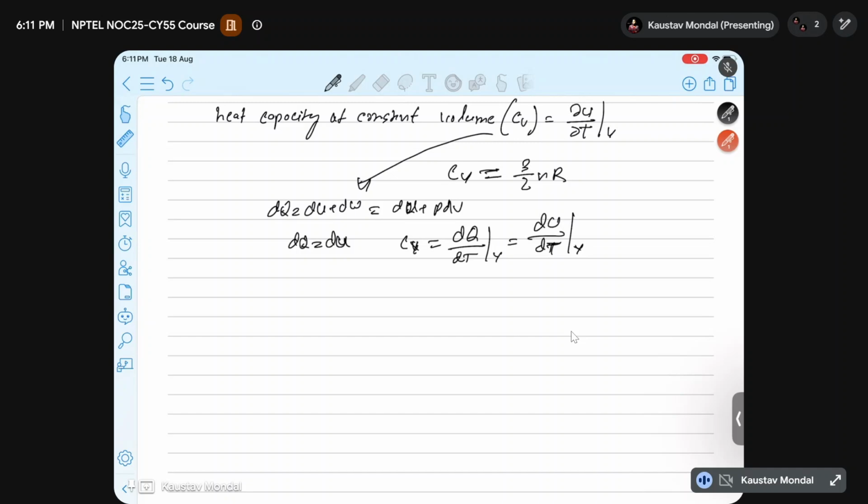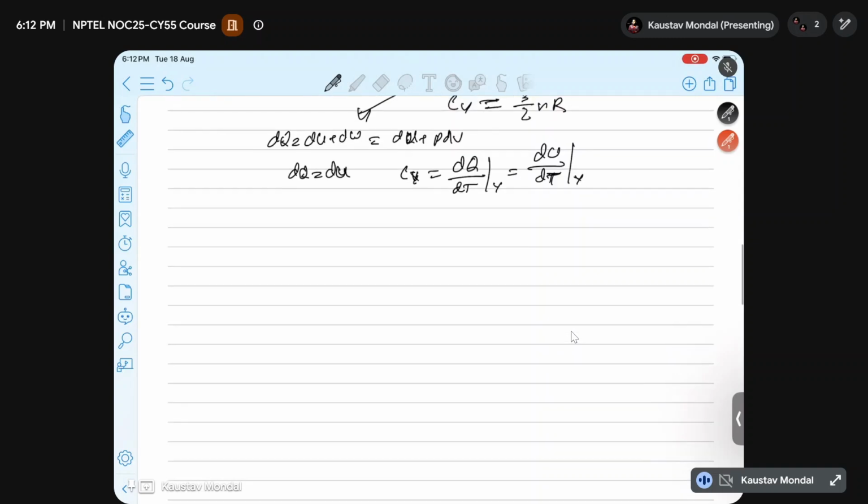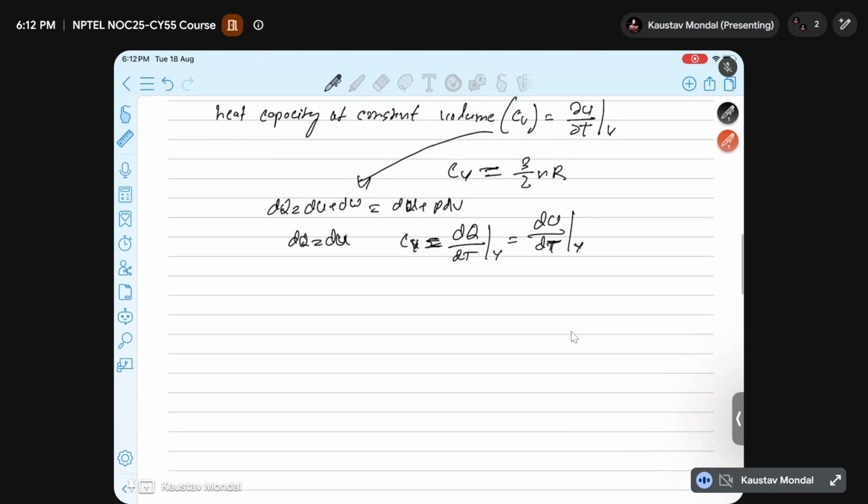This comes from the fundamental definition of Cv, that is the amount of heat required to increase the temperature of the system by unit amount. So here this amount is dT, and the heat is taken as dq. So dq by dT is the formal definition of the specific heat at constant volume.